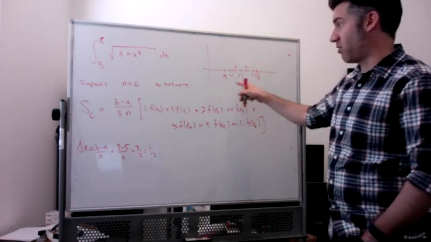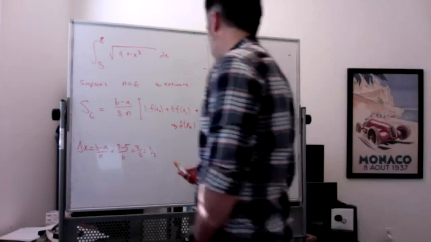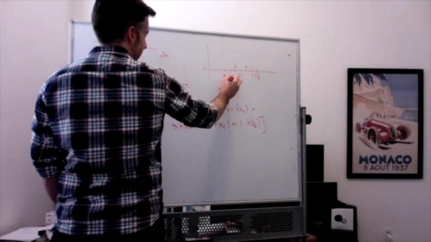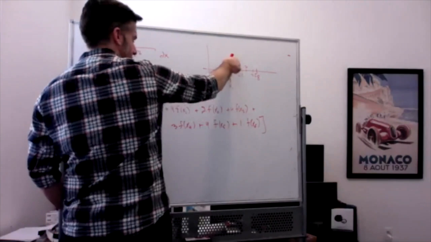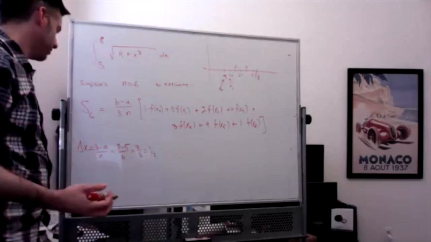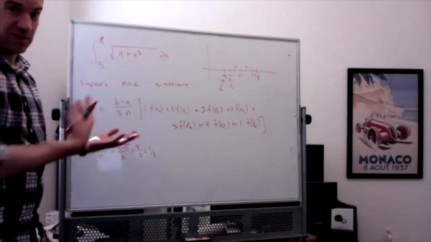And then I'm just going to throw those into the formula. So 5 is my x of 0, 5.5 is my x of 1, x of 2, x of 3, x of 4, x of 5, x of 6. So we just toss it in the formula.